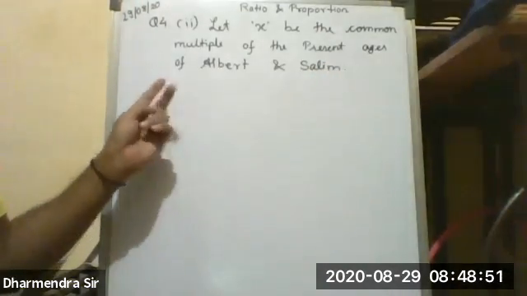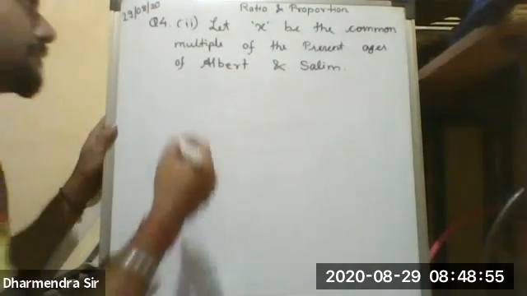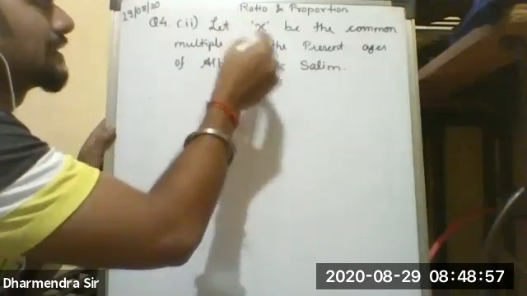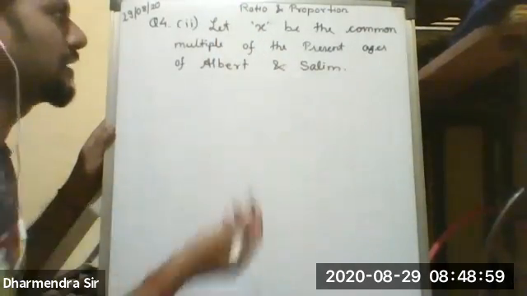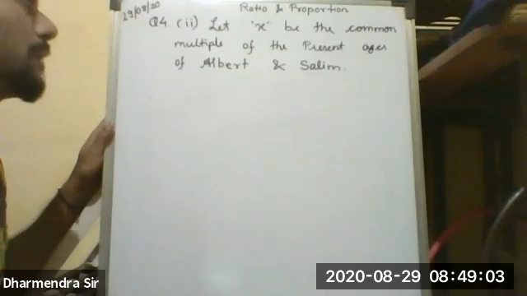Even you can write let x be a common multiple. That means the same. Doesn't make any difference. Only, as they have mentioned Albert and Salim, I'm using the whole statement that x is a common multiple for the present ages of Albert and Salim.